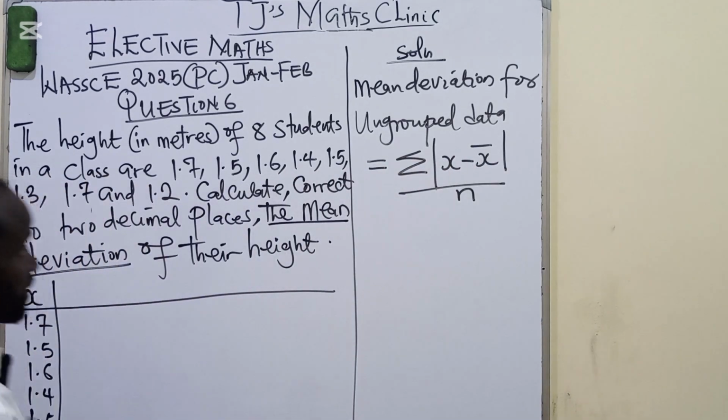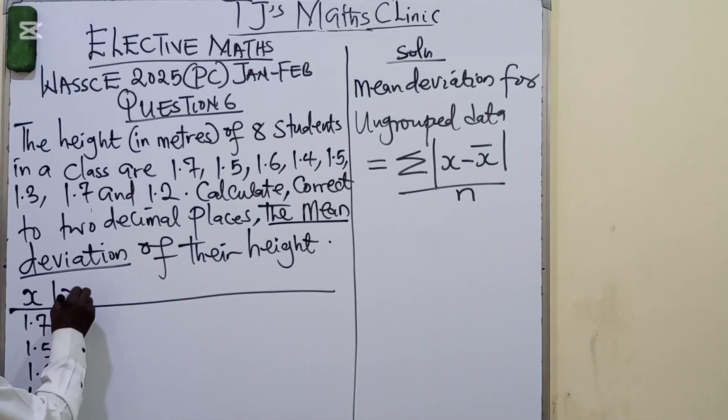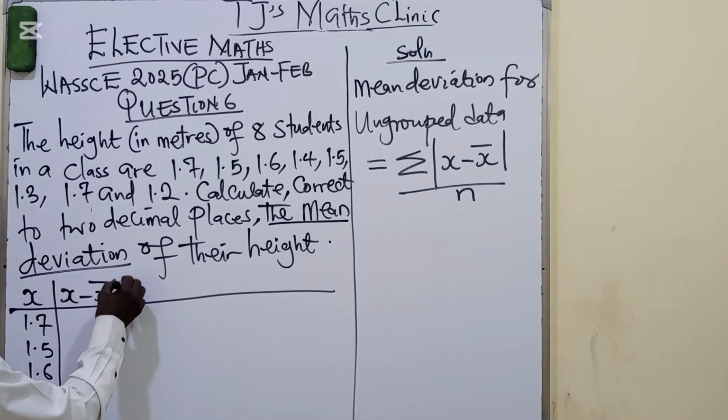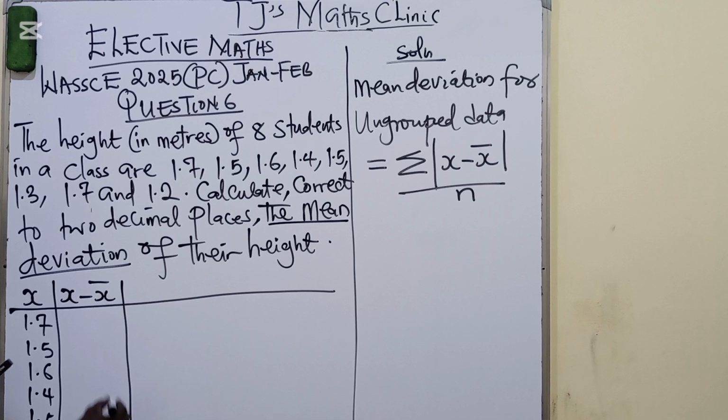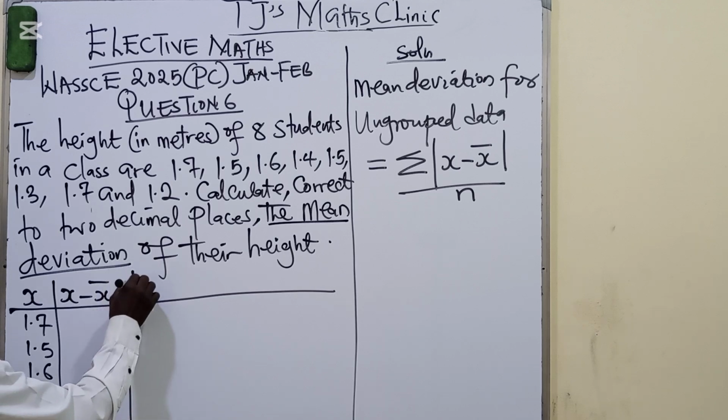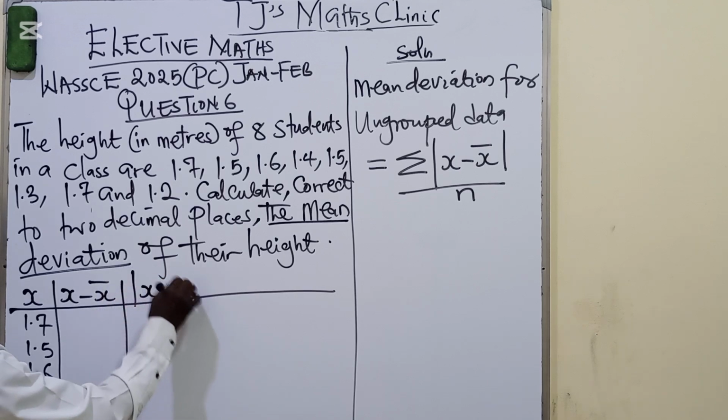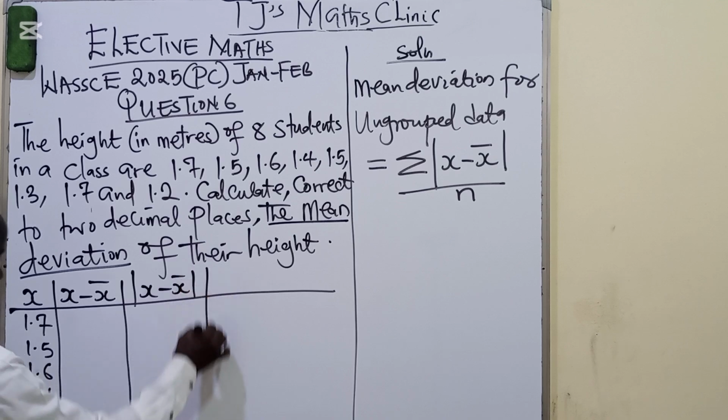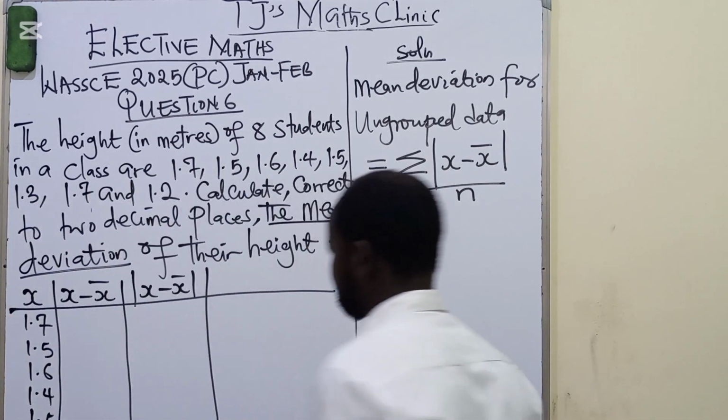Then, based on the formula, we need x minus x bar, and then the absolute value of x minus x bar, which will be another column. This is how our table is going to be.